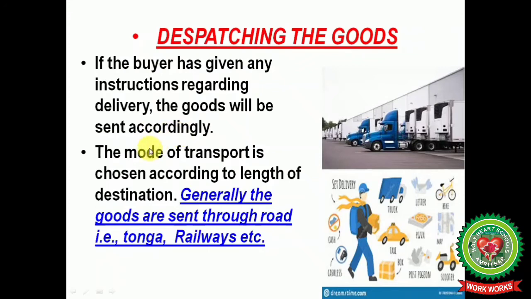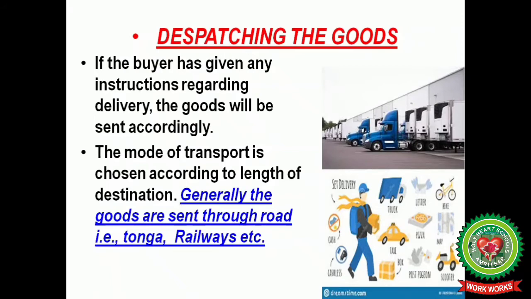So the mode of transport is chosen according to the length of destination. Generally, the goods are sent through road like tongas, railways, buses, then trucks that are needed for sending the goods from seller to the buyer, and this is needed in dispatching of goods.